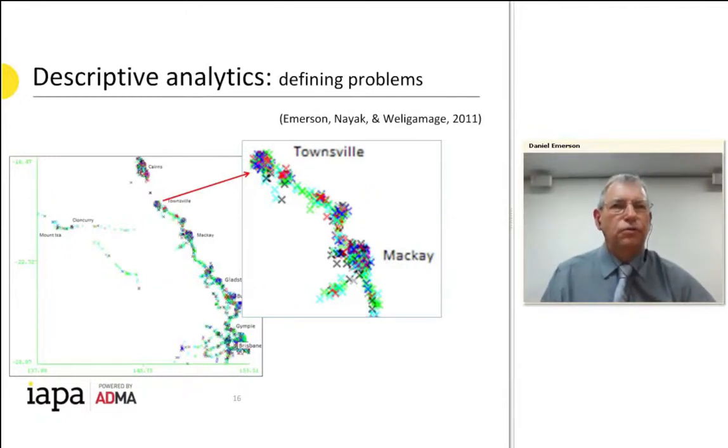We can see in the towns we've got these red and purple and blue clusters, so in Townsville and Mackay. In these small towns we've got the red clusters, and connecting the towns we have the main roads that are made primarily of this road type 13.